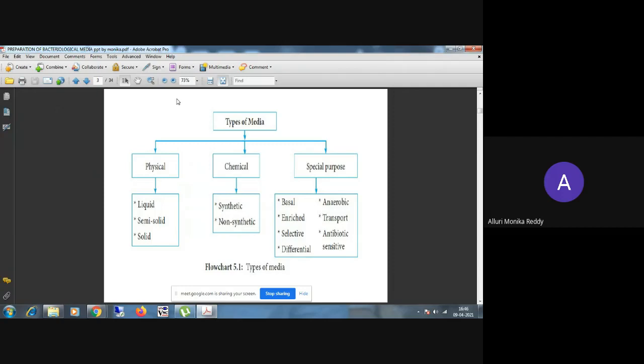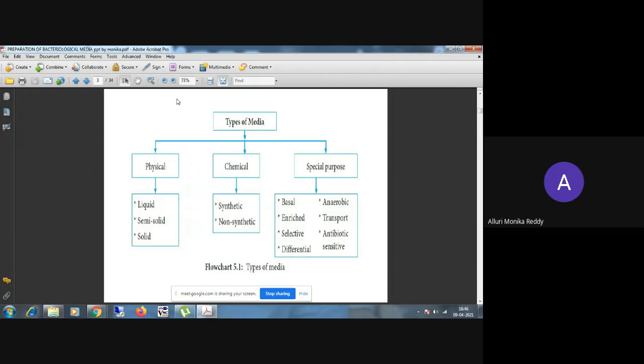The solid medium is useful to study colony character, and it is also useful for identifying mixed bacteria. Mixed bacteria can be separated very easily in solid culture media. Solid media is used for the isolation of bacteria for pure cultures, and agar is most commonly used for preparing solid media.